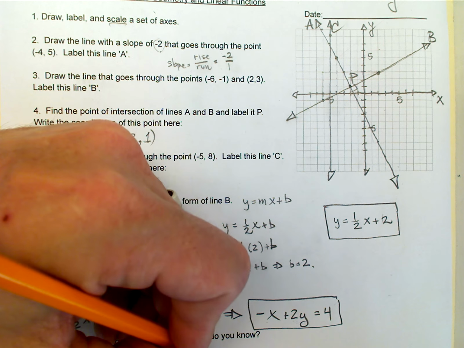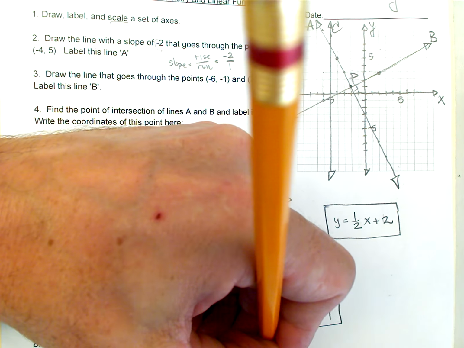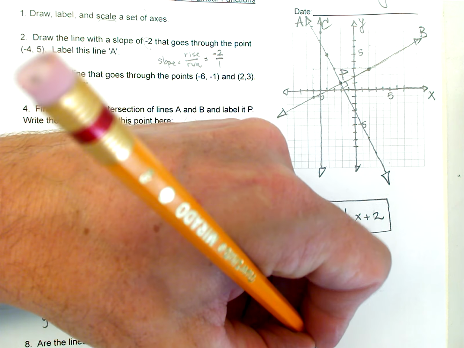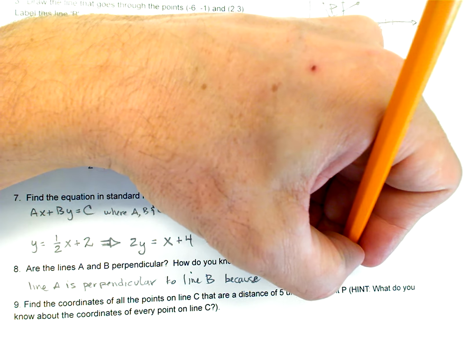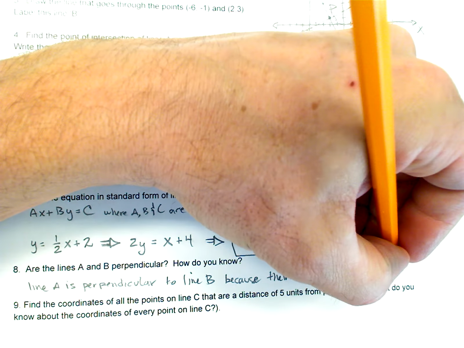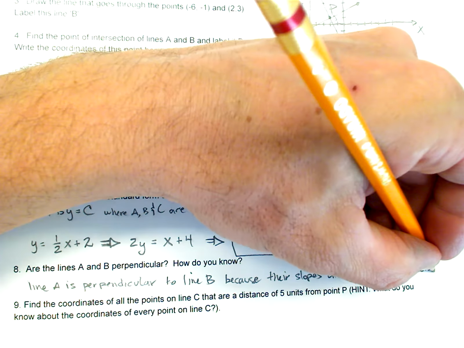And so I can say that line A is perpendicular to line B because their slopes are negative reciprocals. Right?